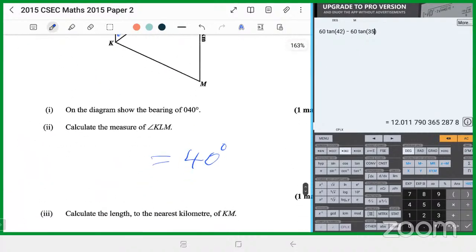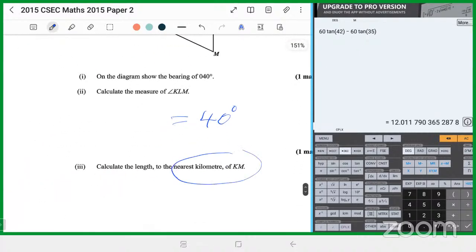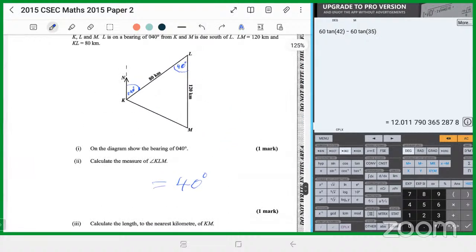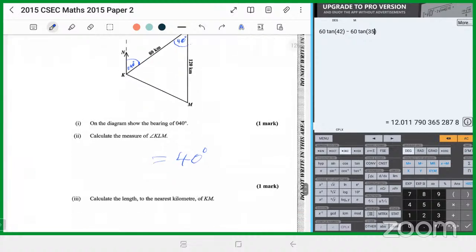Then now they want to calculate the distance KM over here. Cosine rule for that. Cosine rule for KM. Distances are 80, 120, angle between them is 40. Let's go. Cosine rule.